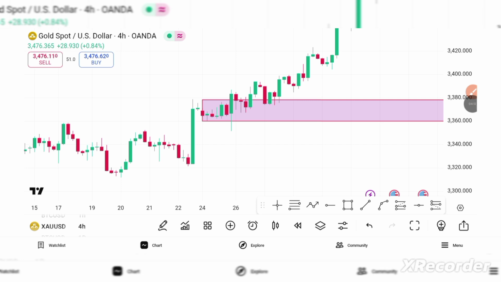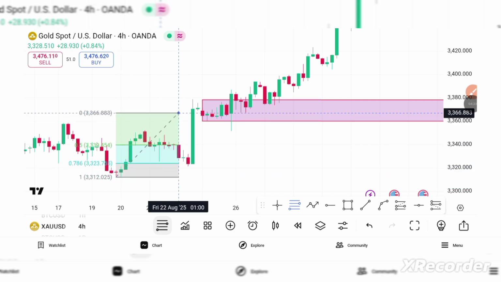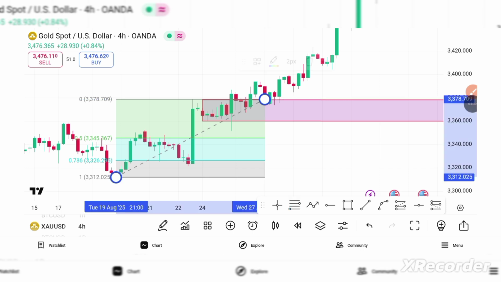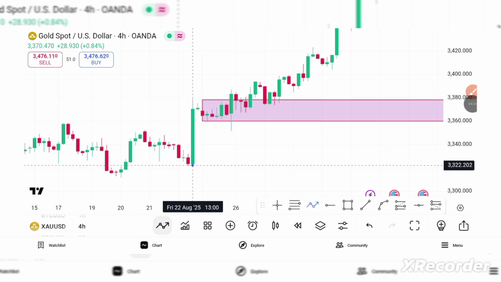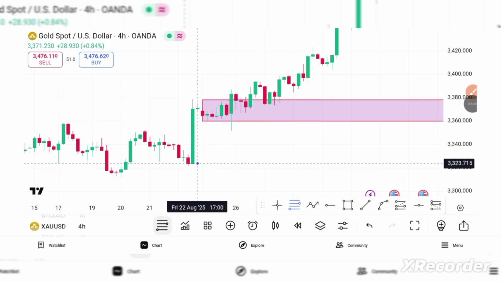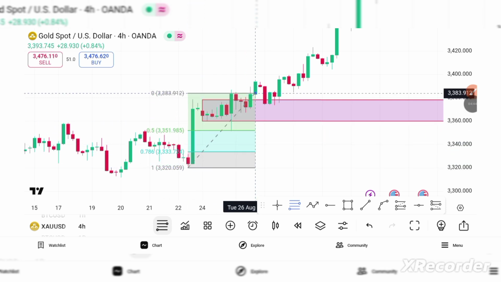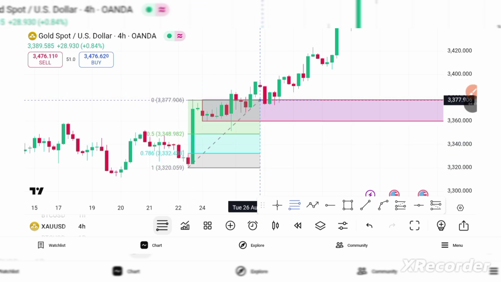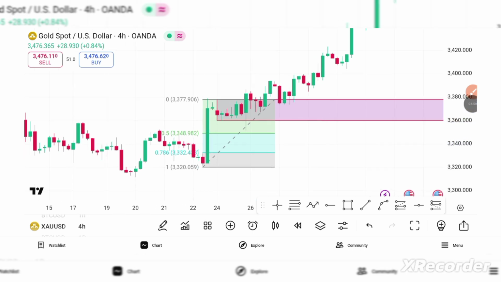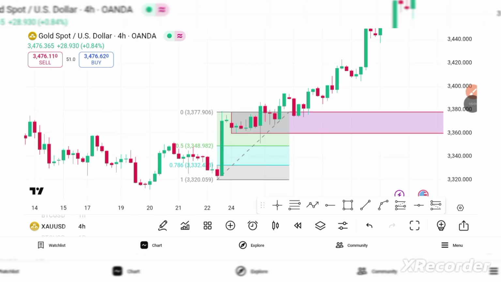If you place our Fibonacci tool here, from here to here, sorry for that, you see that price hasn't mitigated what they say.